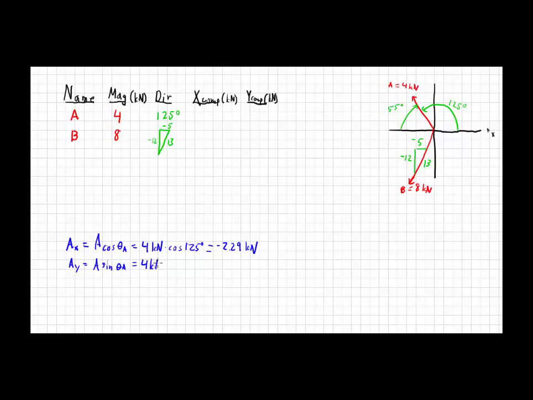So we plug in sine for the y component, and it's positive. B uses slopes, so we'll take B times the horizontal over the hypotenuse.